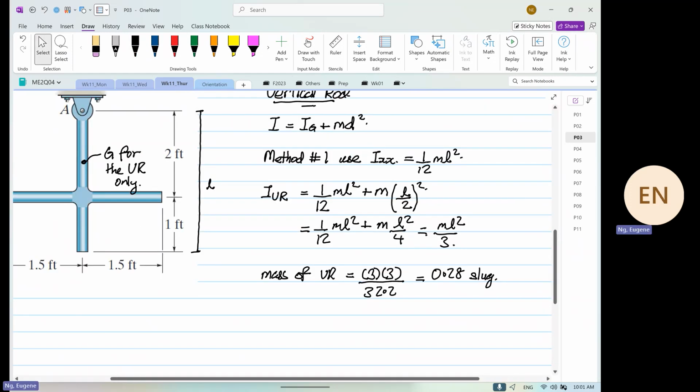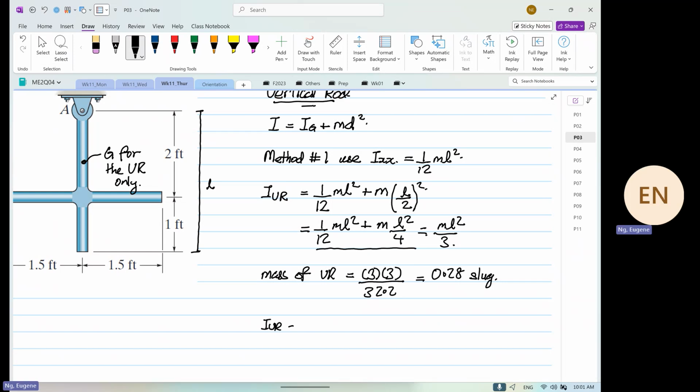Okay, so from here, if we were to just apply this formula, I for the vertical rod is equal to 1/12 multiplied by 0.28 times the length 3 squared, plus 0.28 times 3 divided by 4. Bear with me, okay? Some of you might say, why didn't I use the other formula directly? Bear with me.